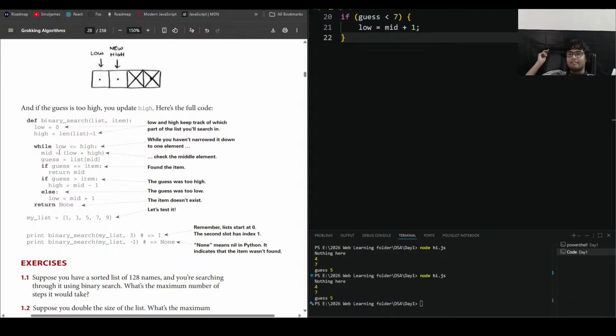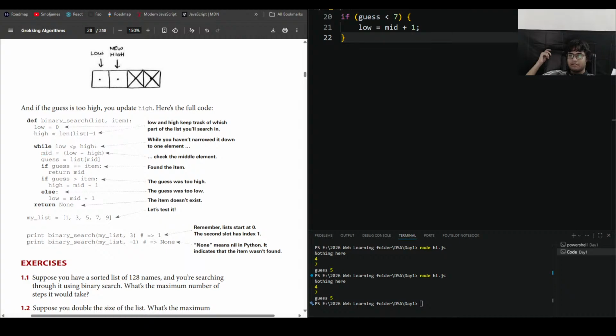While, oh, there is a while loop. While low is lower than or equal to high.